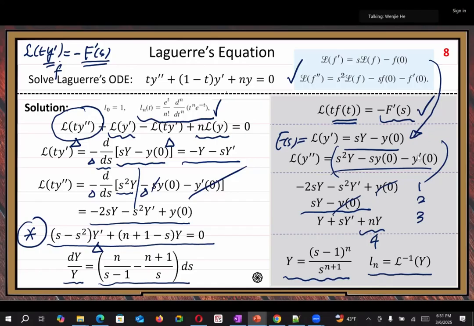But let's do it this way, because in the midterm, let us not include this part, the differentiation and integration part.